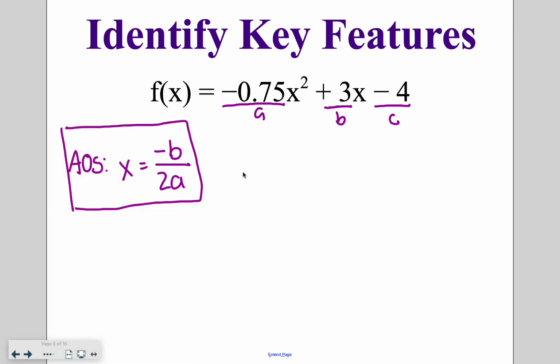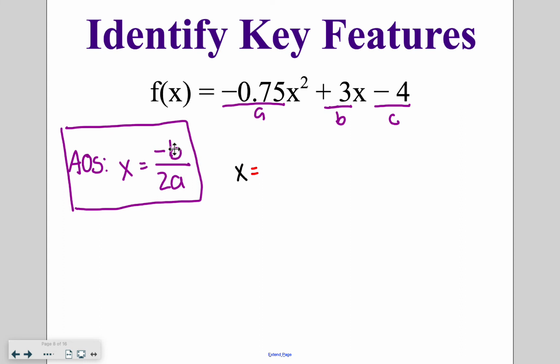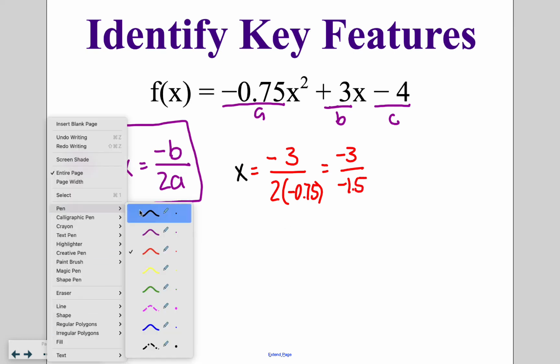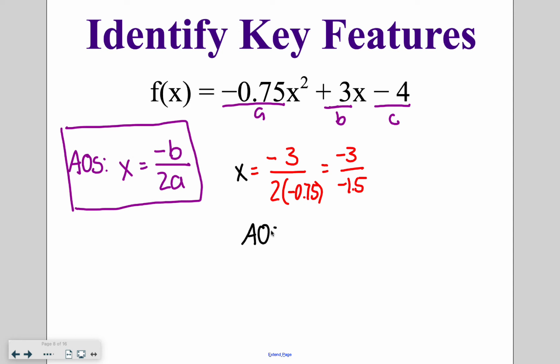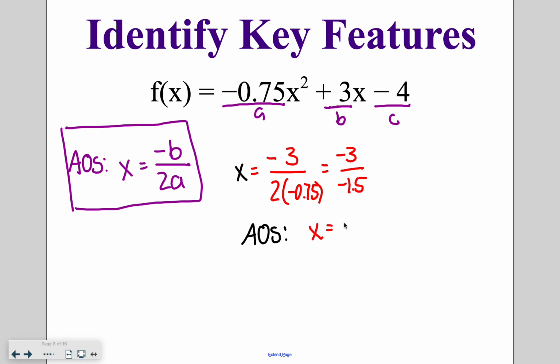Given this particular problem then, we would say x is equal to the opposite of b, so the opposite of 3 is negative 3, over 2 being multiplied with our a value of negative 0.75, which means that we've got negative 3 over negative 1.5, telling us that our axis of symmetry is going to be x equals positive 2.